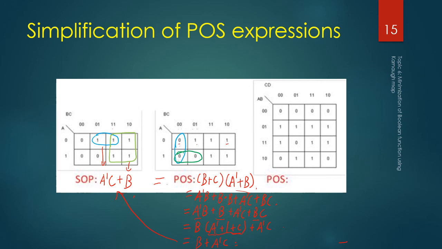Okay, now let's look at the 4 variable system. This is also the same problem as shown before, but this time we do POS. Basically you know that for a given K-map, we can always get 2 equivalent results, one in SOP and the other in POS. So for POS, we look at the zeros.